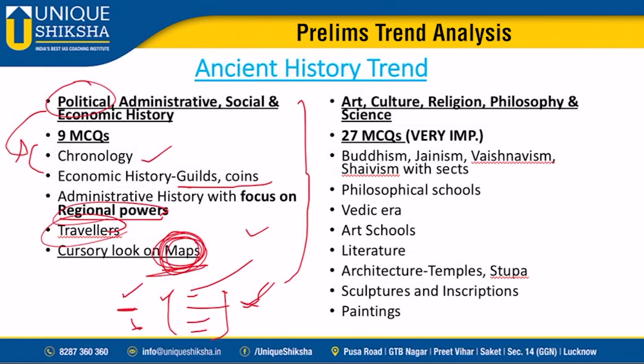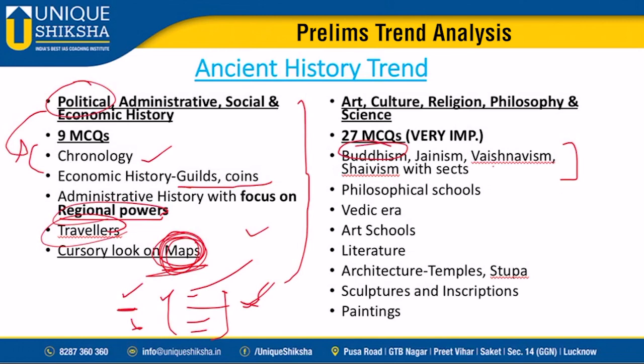Next, the most important part of ancient history is art, culture, religion, philosophy and science. And religion, not just Buddhism and Jainism, from which a question always comes, particularly nowadays from Mahayana Buddhism. The Bodhisattva doctrine and aspects associated with the Bodhisattva are very important in the UPSC trend. Questions are asked regularly from that.